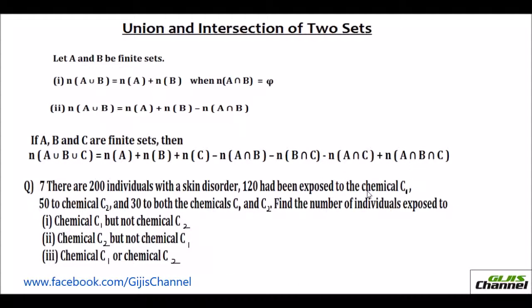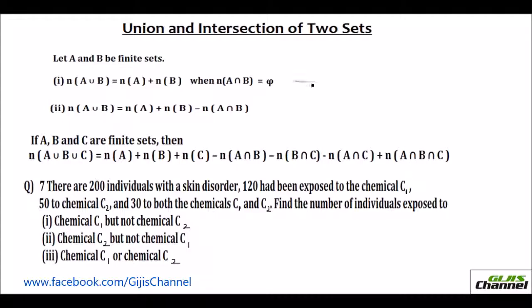In this session, let us see a few problems on union and intersection of two sets. You have a formula for that. If you have only two sets, A and B, then you can use this formula. Number of elements in A union B will be equal to number of elements in A plus number of elements in B, if these two sets are non-dependent, entirely different, and they don't have anything in common.